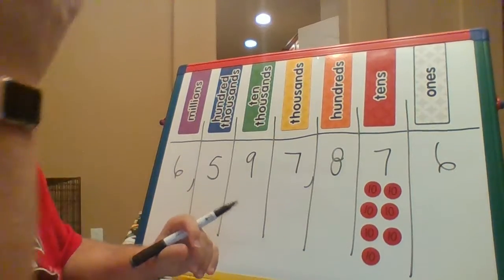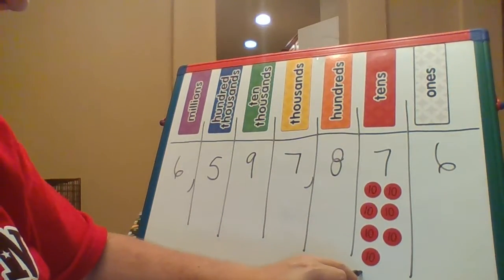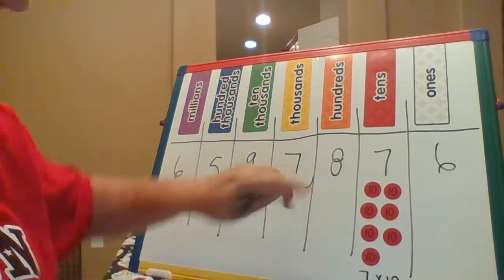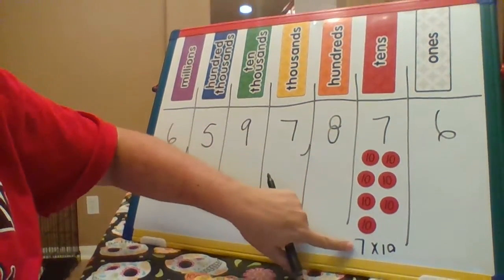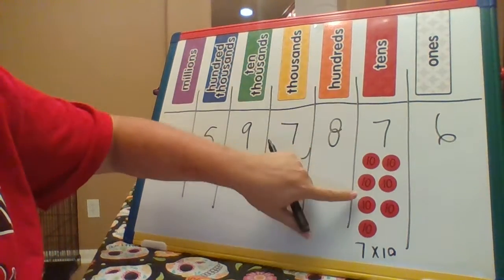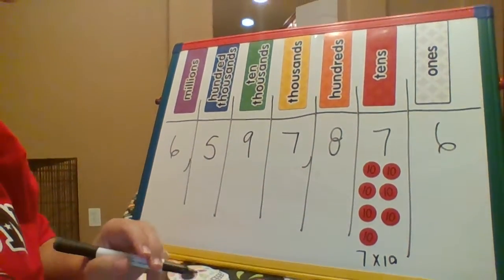There's 7 groups of 10. So we write that as 7 times 10. There's the 7. And because it's in the tens place, that's 7 groups of 10.